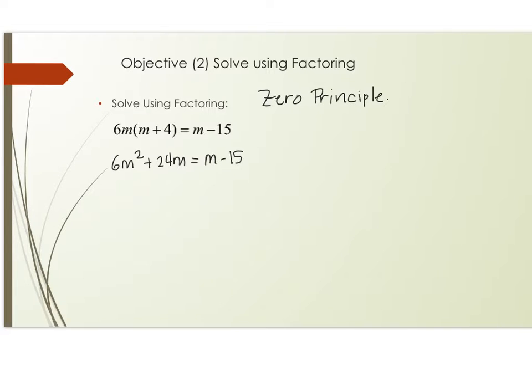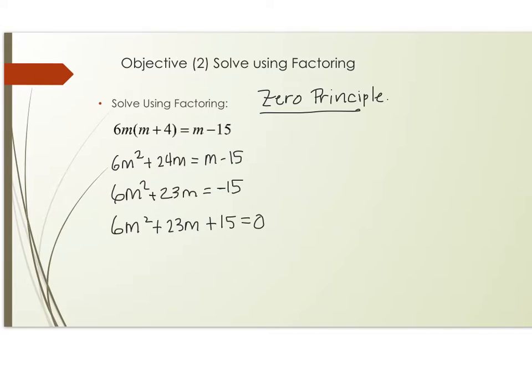We subtract m from both sides, so we get 6m squared plus 23m is equal to negative 15. And to get it in quadratic form and using the zero principle, we'll set this equal to 0, so we get 6m squared plus 23m plus 15 is equal to 0.